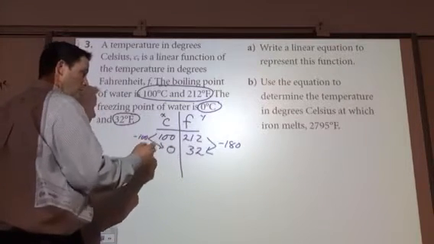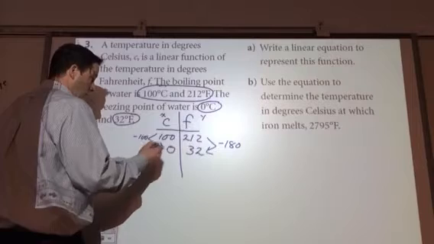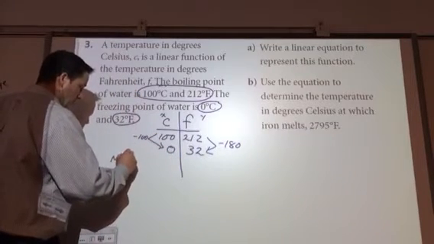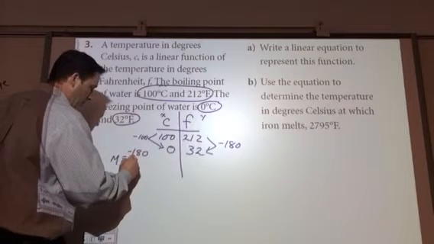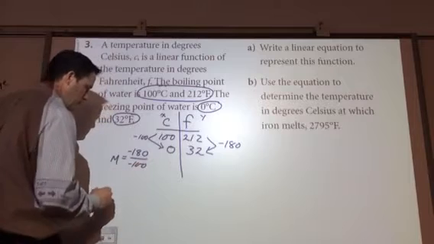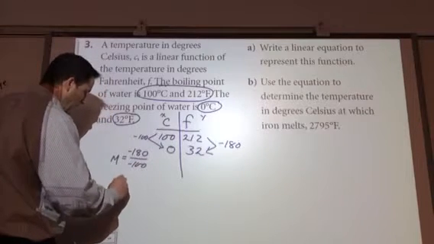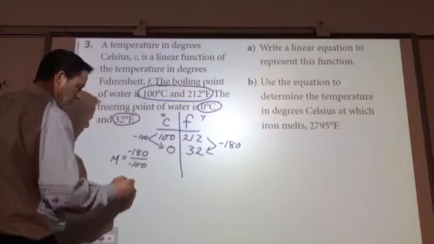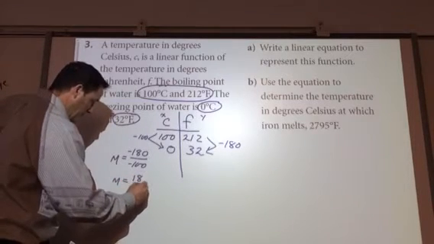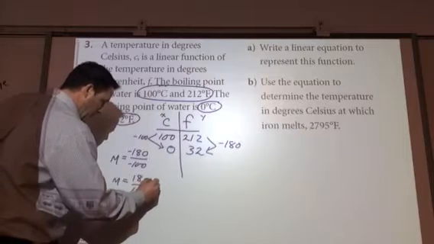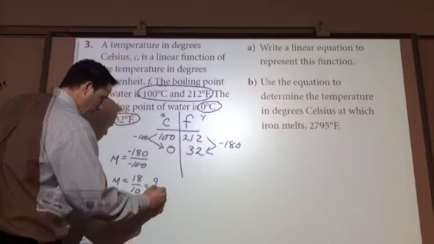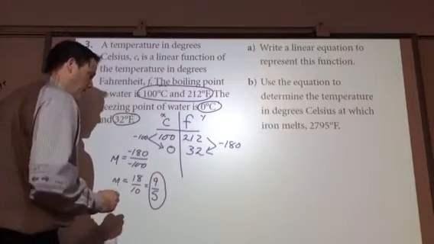We're going to write our slope as m equals negative 180 over negative 100. That gets simplified. Always have to simplify our fraction. Positive 18 over 10, which again can be simplified. Divide both top and bottom by 2, we get 9 over 5. So we have 9 over 5.